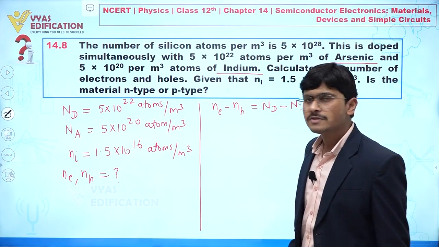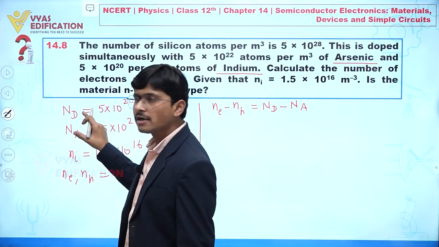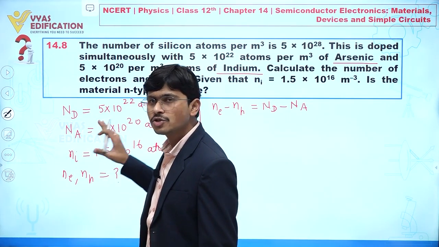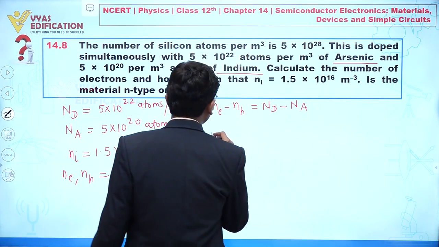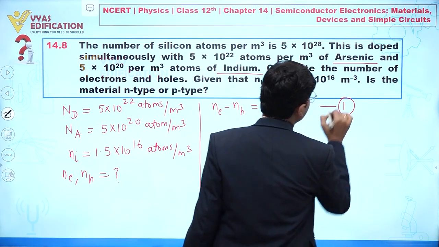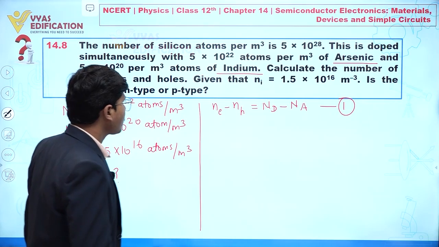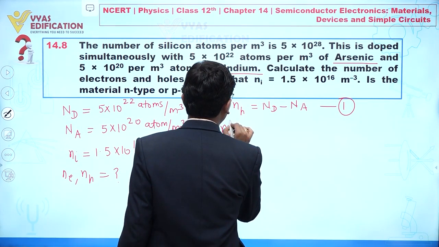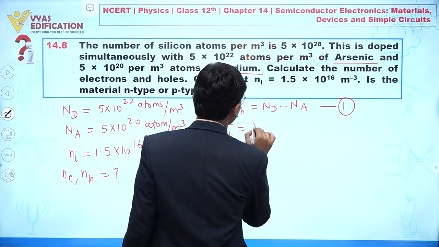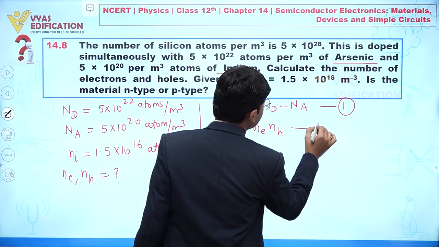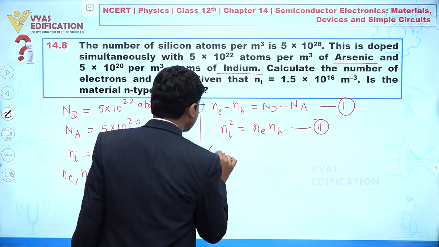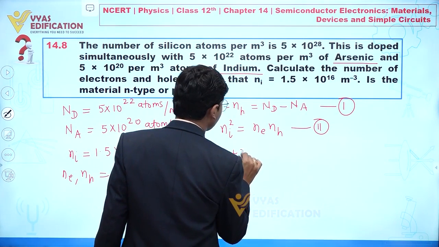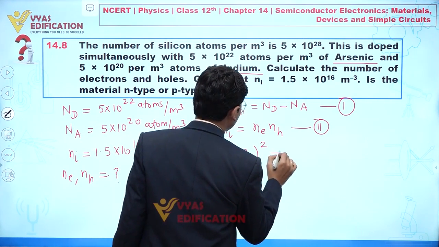That means the difference between the donor and acceptor ions is the same as the difference between the number of electrons and the number of holes. Let's call this equation number 1. Now we know one more relation: Ni square equals Ne multiplied by Nh, and this is equation number 2. From here we can write Ne plus Nh, whole square.